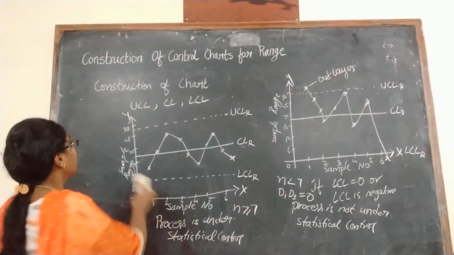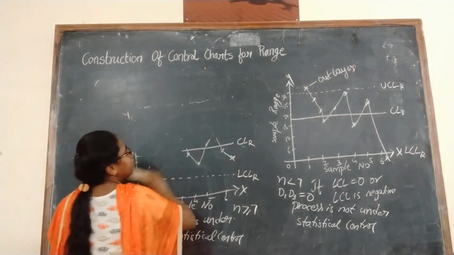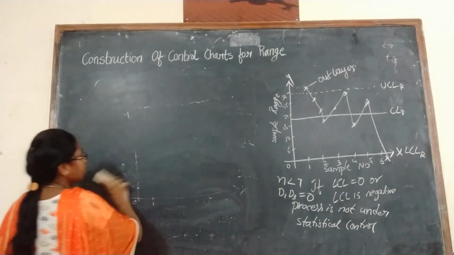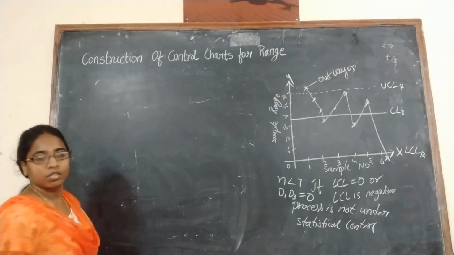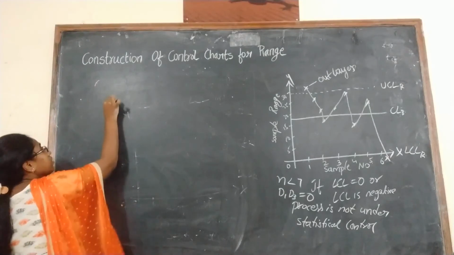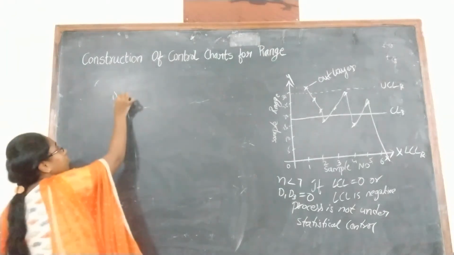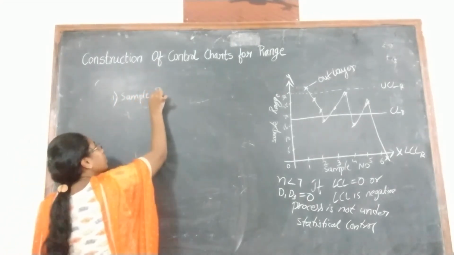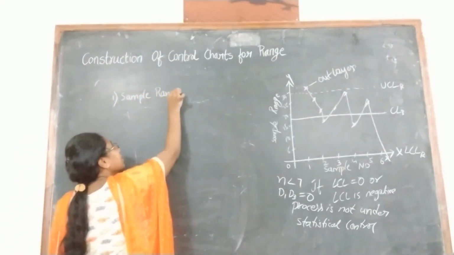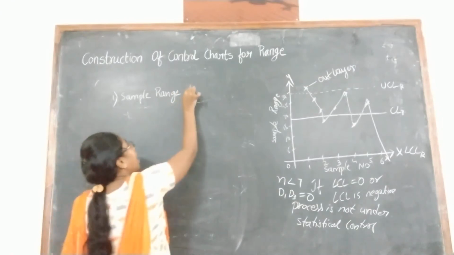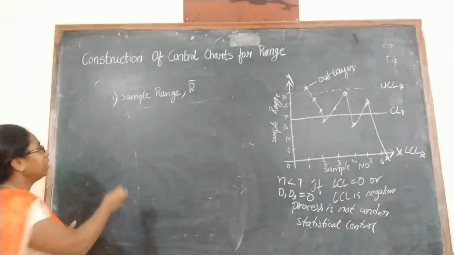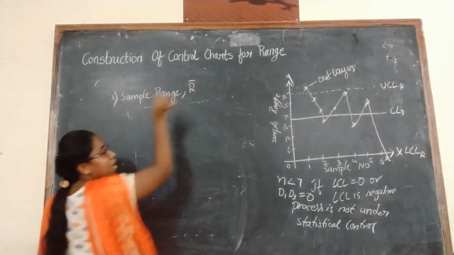So in range chart, what we will do? There are totally 4 steps, right? The first step is you need to find the sample range. You will find the sample range and R bar values. You will find the sample range and the mean of sample ranges.